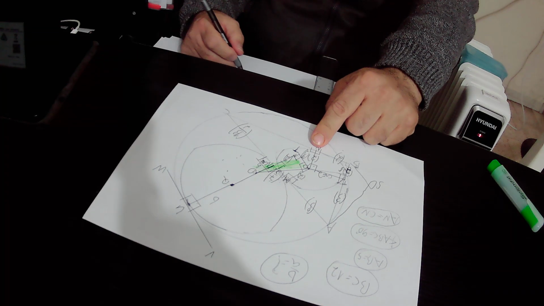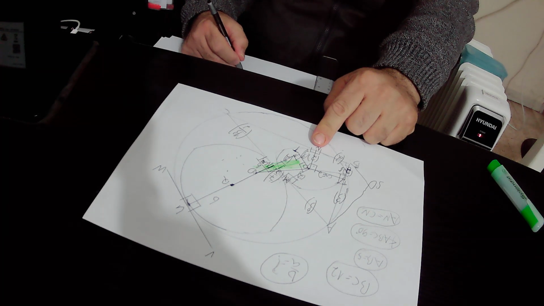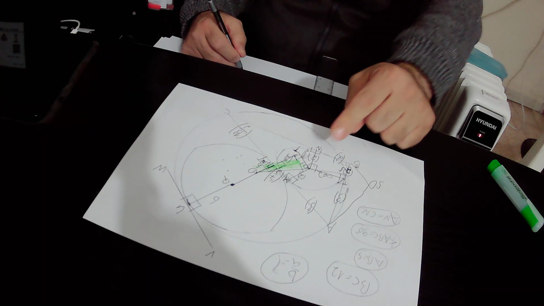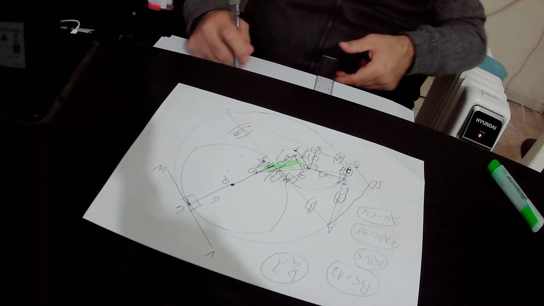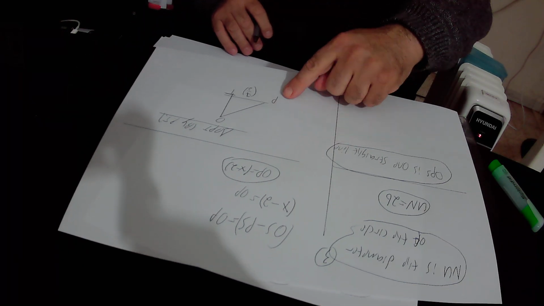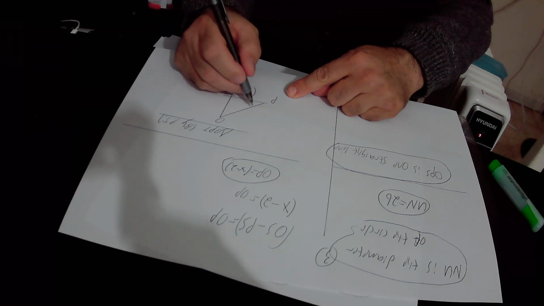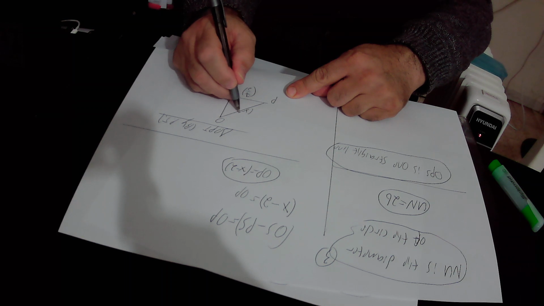PT equals 7/2 units. We've already found out that PO equals x minus 2. So the hypotenuse PO here equals x minus 2.